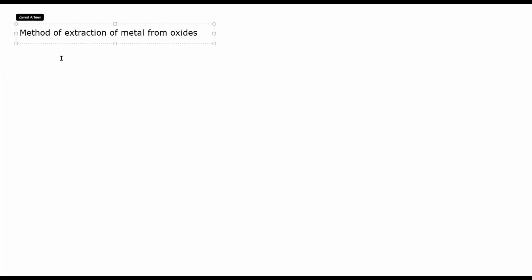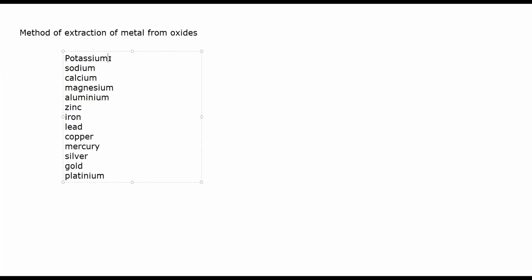So again, you have to write first the reactivity series, but this time we have potassium oxide, sodium oxide, calcium oxide, because we are extracting from their oxides, magnesium oxide, aluminium oxide, zinc oxide, iron oxide, lead oxide, copper oxide, mercury oxide.